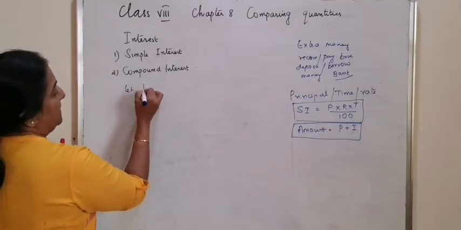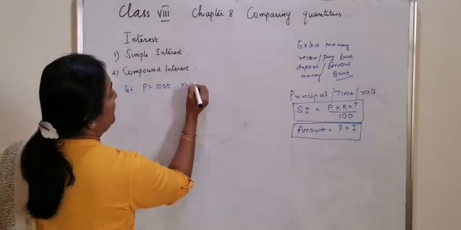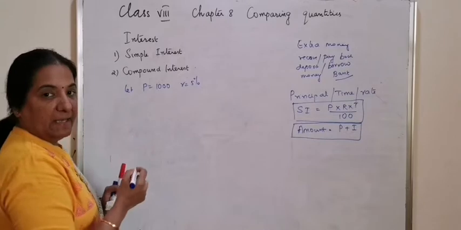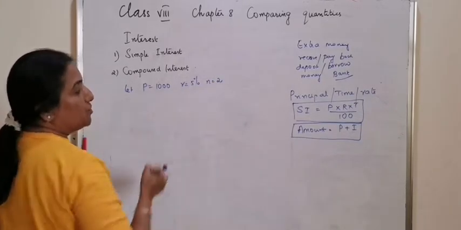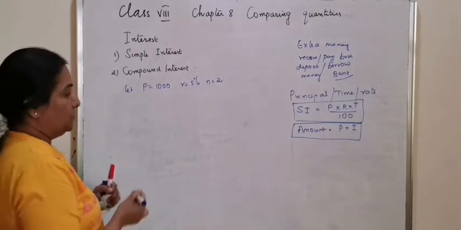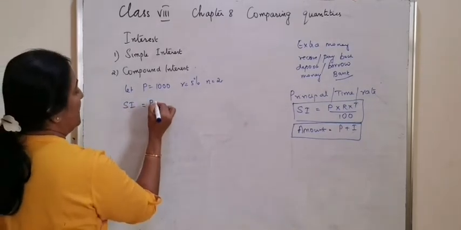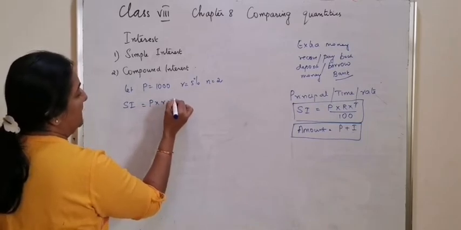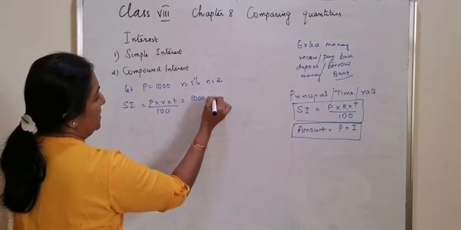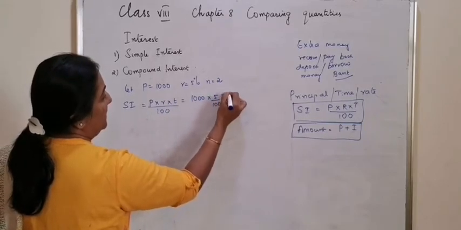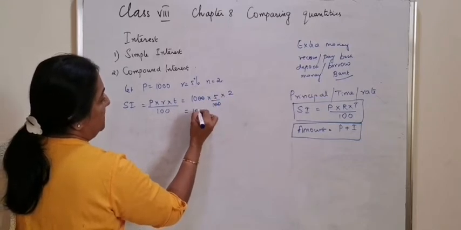Let the principal be 1000 rupees, the rate be 5%, and you are depositing it for a number of years as 2, or T is equal to 2. By simple interest, the formula is PRT by 100, which is the same as 1000 into 5 by 100 into 2, or 100.